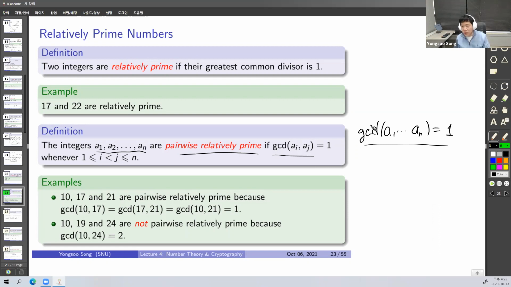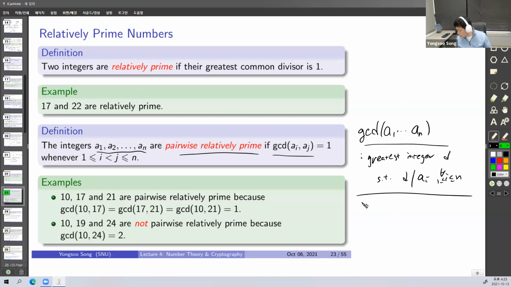I just defined the GCD for only 2 elements, but more generally, we can define GCD over n integers as the greatest integer d such that d divides ai. So we can define GCD of n integers like this, and the following two statements are not equivalent.